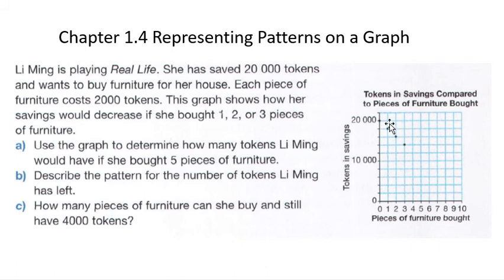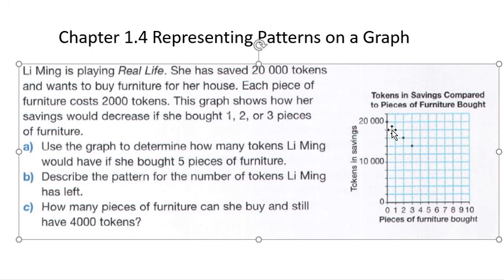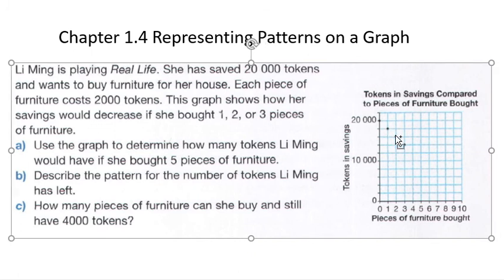So this dot right here that we're looking at tells us how many tokens she has remaining. And even though it's not labeled, we know that this is 18,000 tokens. If she buys 1 more for a total of 2, she has to remove 2,000 tokens again.